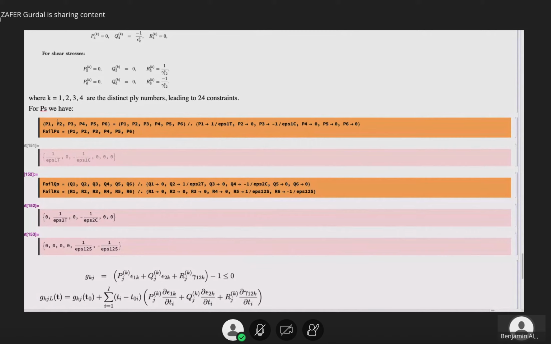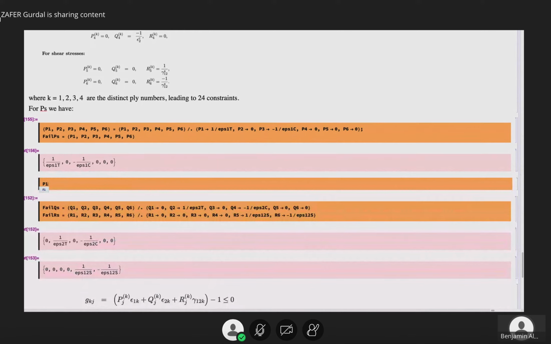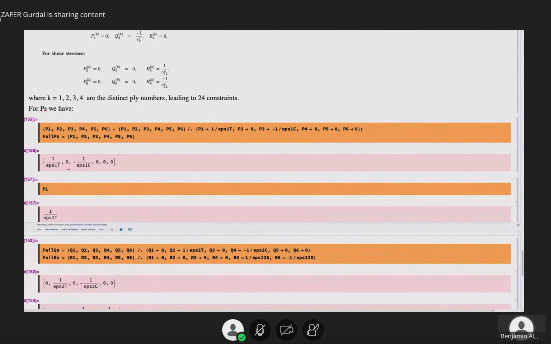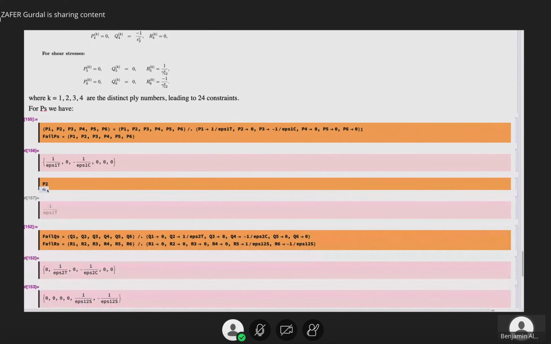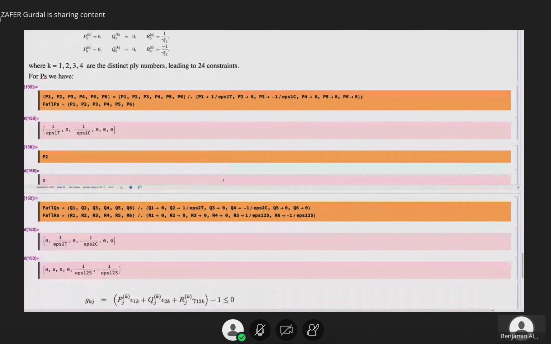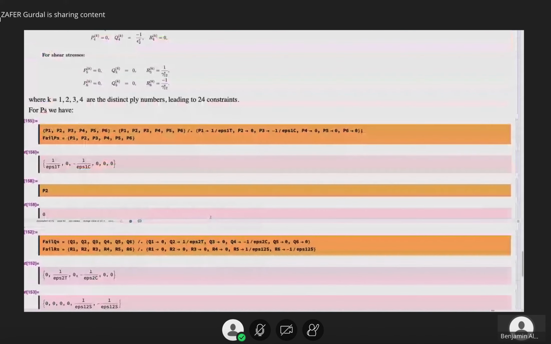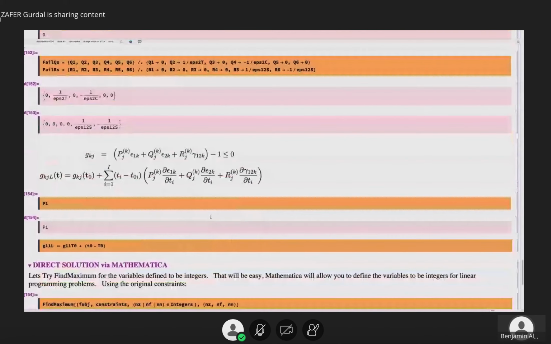What I'm doing is assigning the p-values to their corresponding variables p1 through p6, and then the failed p's, that's all of them. I'm going to extend my column in front of this. So I get the same result, but along the way, I also now have P1 equals 1 over epsilon, and P2 is equal to 0. So they do exist in their native form. All right, coming back to here, I have P1.